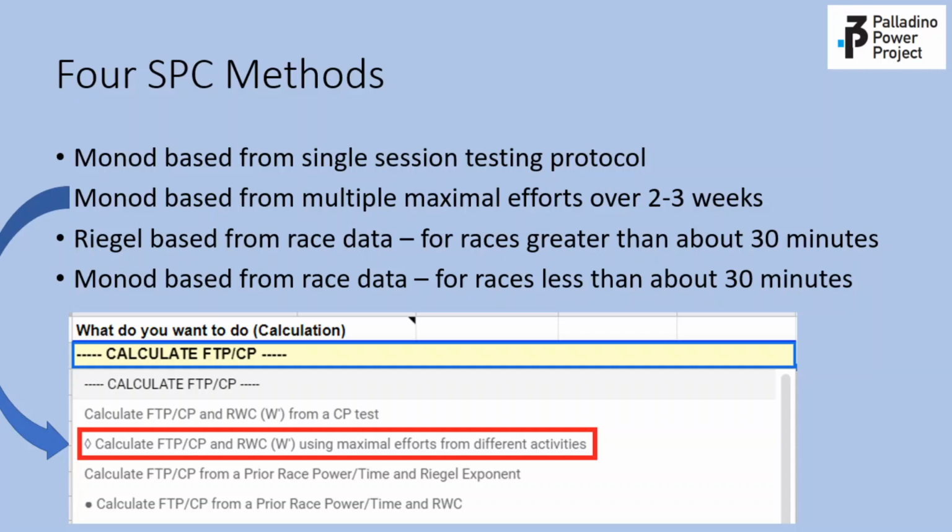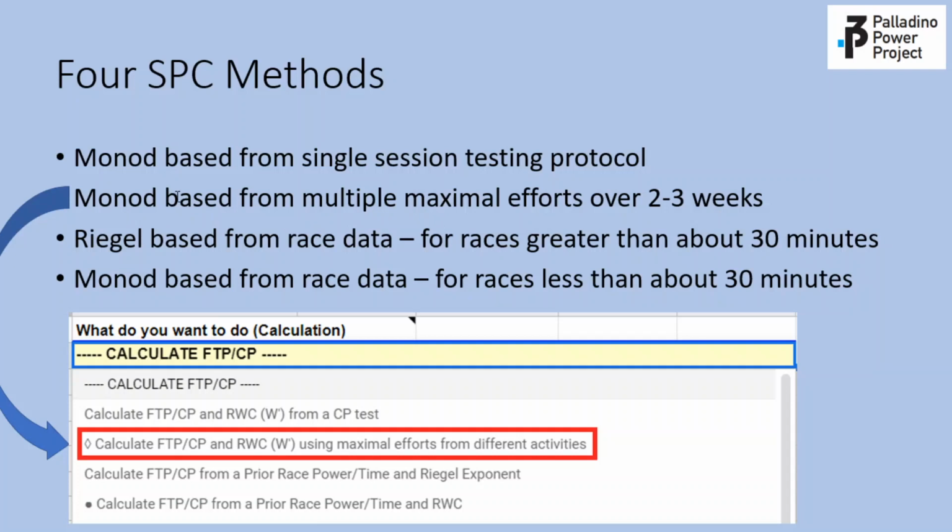But if the testing is within 2 to 3 weeks, or let's say you do like the virtual race where you do a 3,000 meter race, and then you do a 10,000 meter race, or you do a 5K race, and then you come back and you test 1,000 meters a week later, that is this calculator.